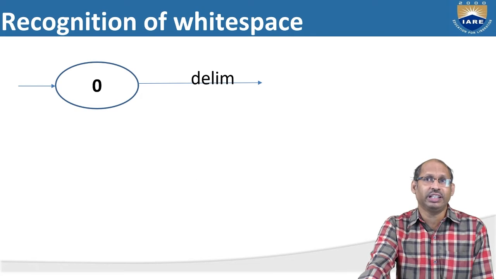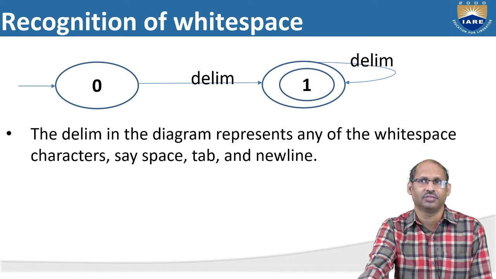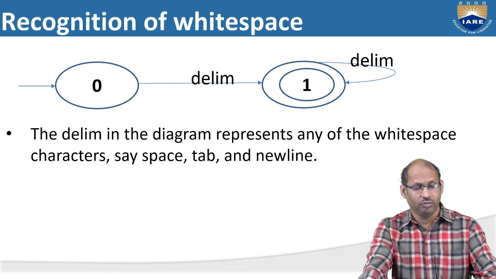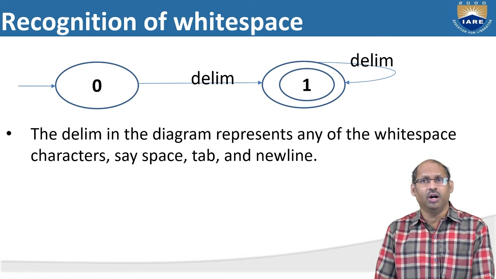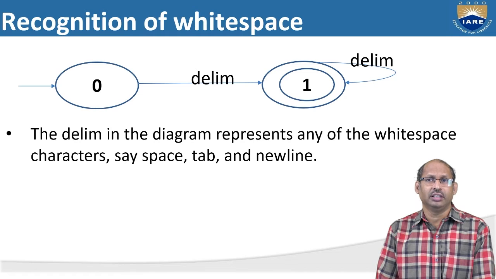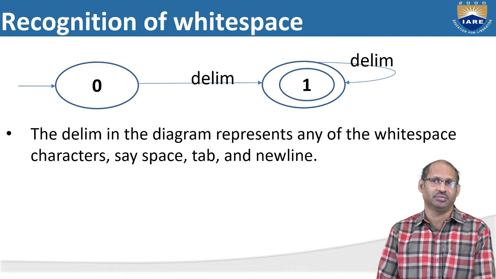Next comes the recognition of white spaces. Here, what are the white spaces? All the empty spaces, blank spaces, tabs and new lines are considered as delimiters. Right?